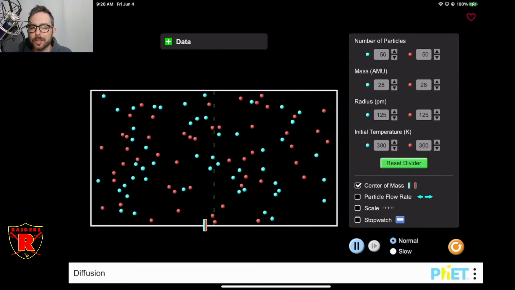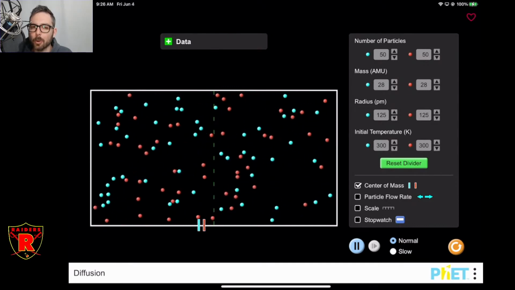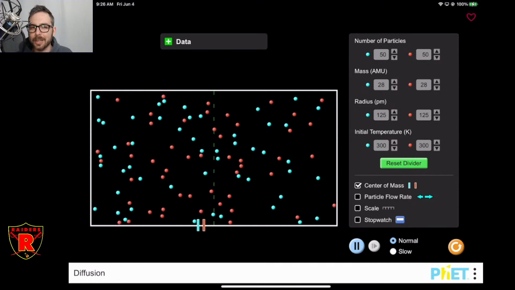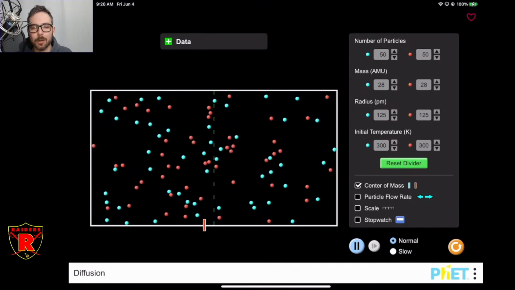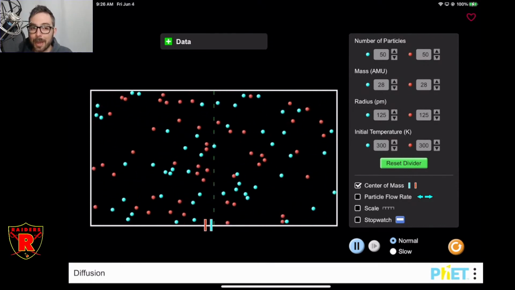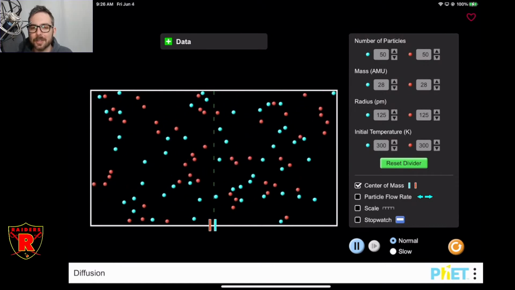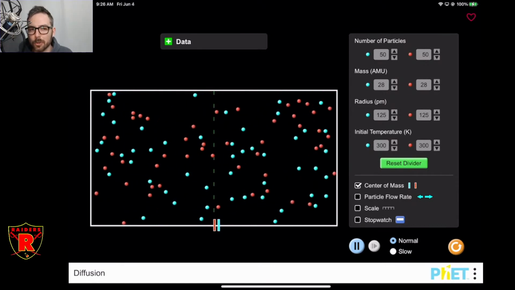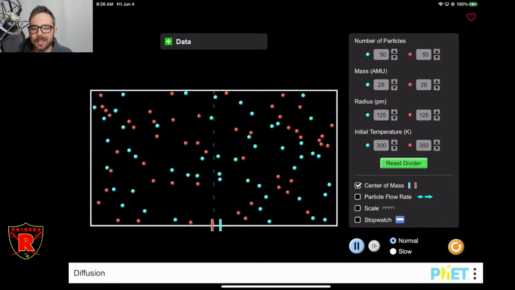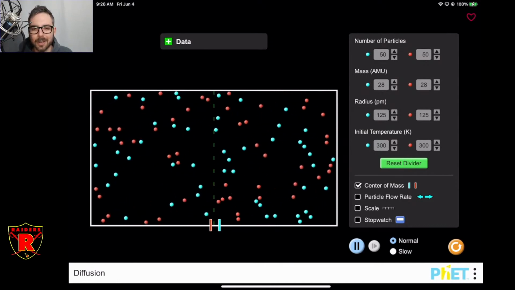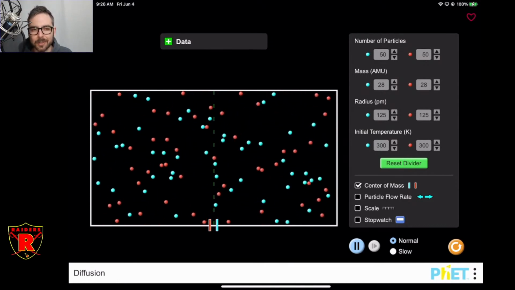In other words, you can kind of think of it as there being more force at the beginning, moving the particles towards balance. And then as they're balancing out, there's less and less force compelling them to do that. It's not really a force per se, but that's a way of thinking of it.